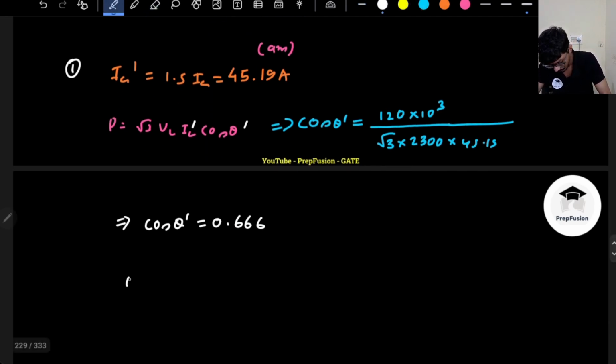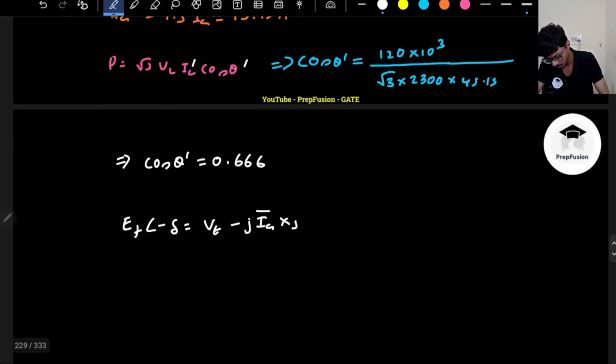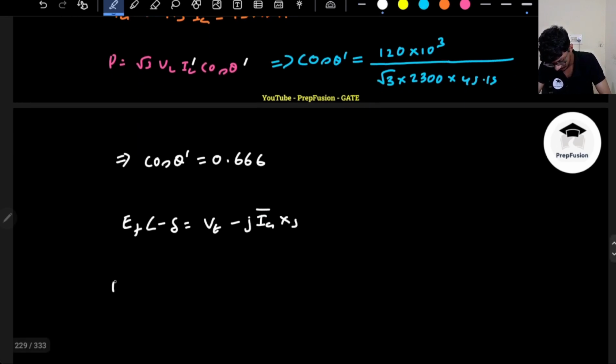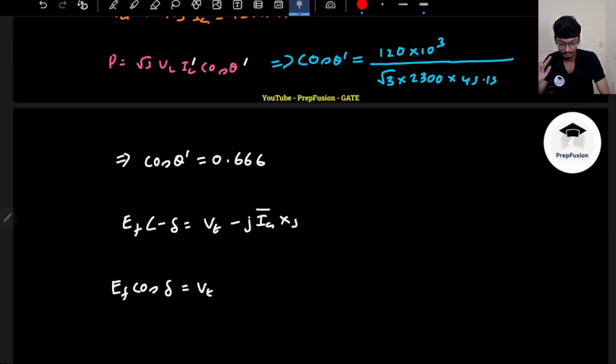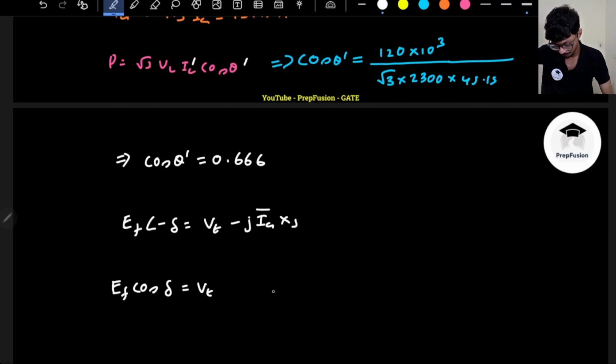Now I actually want to find out what is my EF. I want to find out the excitation. EF angle minus delta will be Vt minus j Ia XS. Again, this will have two components, real and imaginary. So EF cos delta, because cos of minus delta and plus delta is the same, will be Vt plus Ia XS sin theta.